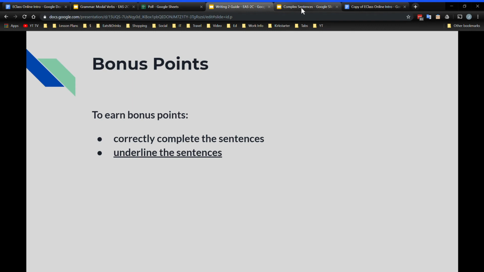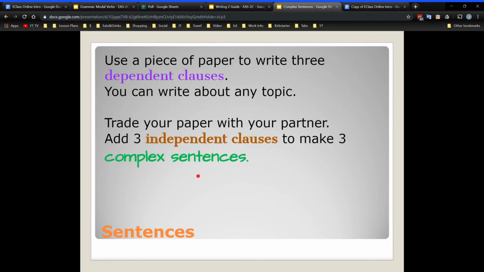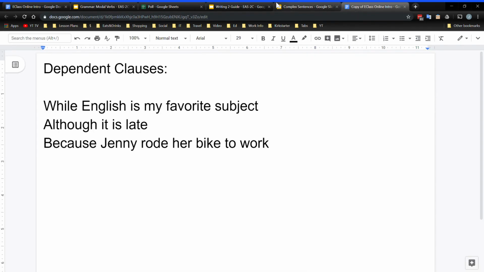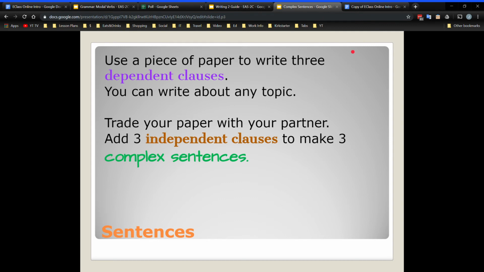Now, if you have somebody else with you, the next thing you'll need to do is trade your paper with your partner and make 3 independent clauses and turn these into complex sentences. So I'm going to give you another 5 minutes to do that. Ready and go.